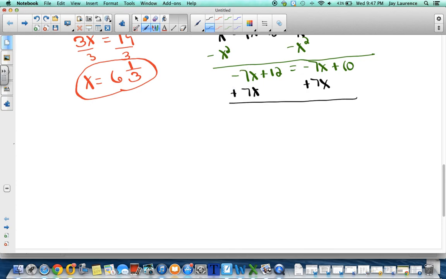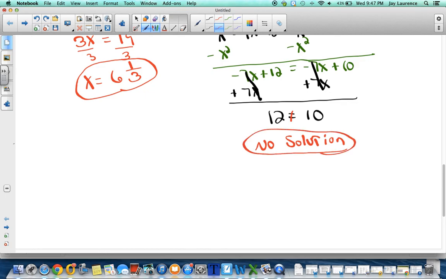Look at that, I actually get rid of both. And I end up with 12 equal to 10. Hey, when does 12 equal 10? Never. 12 never equals 10. This problem has no solution. No solution. There you go.